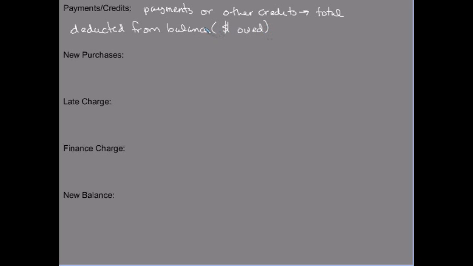Then you have new purchases, which is the total of all the debits. So this is added to the balance, which is money owed.